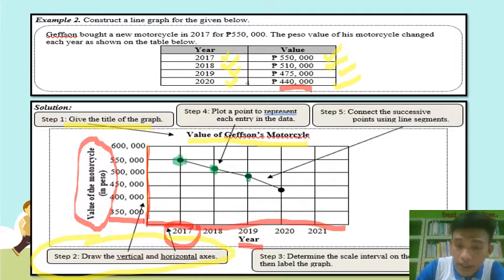So it is nearly 450,000. So it is found here. So that is step 4, plotting. For step 5, connect the successive points using the line segments. So we need to connect all the points. Connect, connect, and connect.